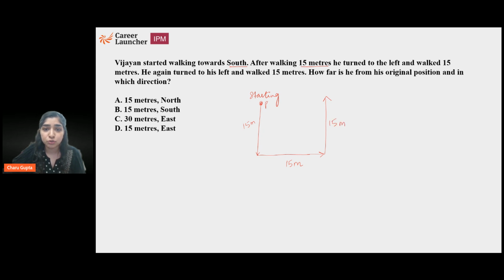So we need to tell how far and in which direction he is from his starting point. So the direction is clear, it is east, and he is 15 meters away from his original position. So the answer is option D, 15 meters east.